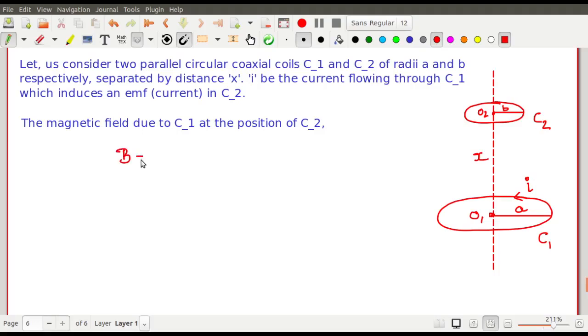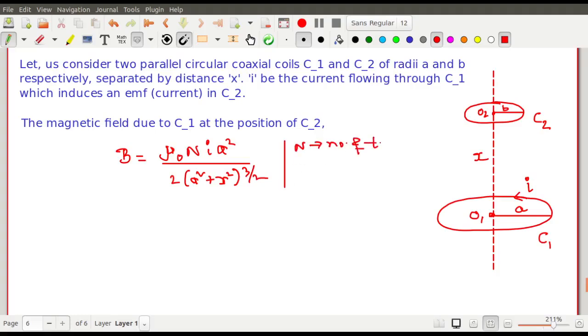The expression is known to us from our previous classes. It is mu 0 N I a square divided by 2 times (a square plus x square) to the power of 3 by 2, right? Where N is the number of turns in C1. So this is the magnetic field at the position of the coil C2.